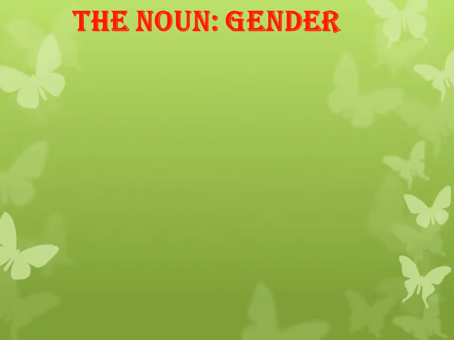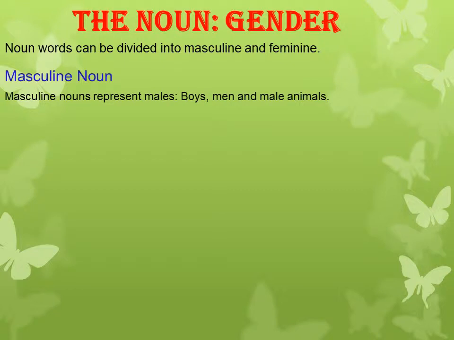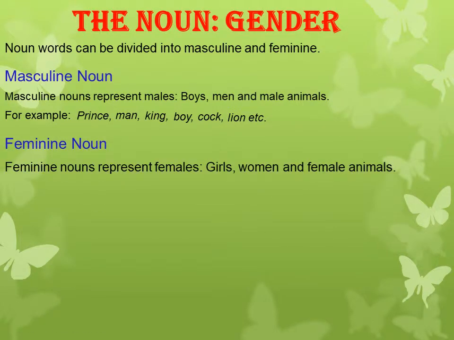The noun, gender. Masculine noun. Masculine nouns represent males, boys, men, and male animals. For example, prince, man, king, boy, cock, lion, etc. Feminine noun. Feminine nouns represent females, girls, women, and female animals.